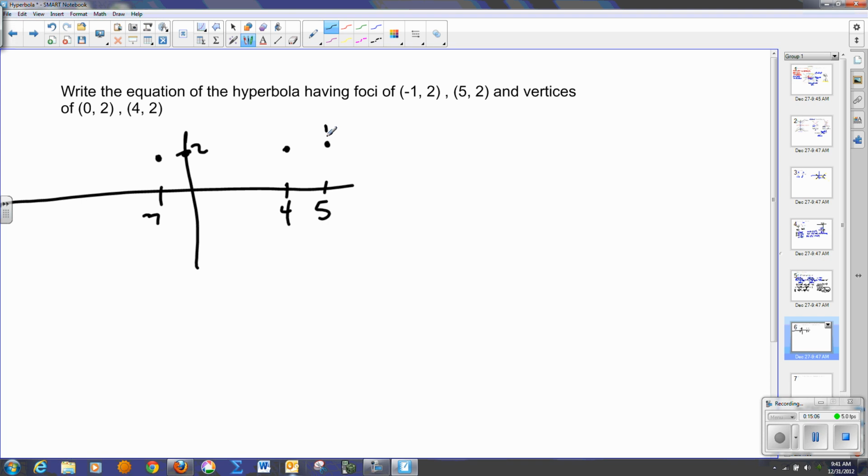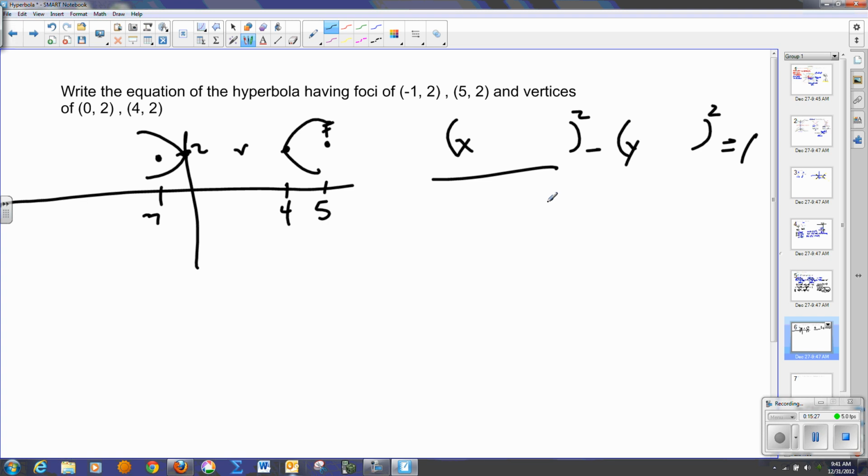So if here's my foci and here's my vertices, I know this hyperbola is going to open sideways, which means that when I start writing my equation, my x term has to lead. So I know that right now.